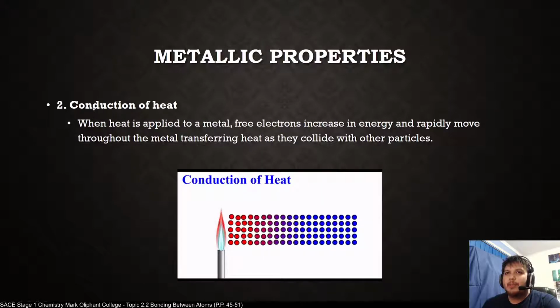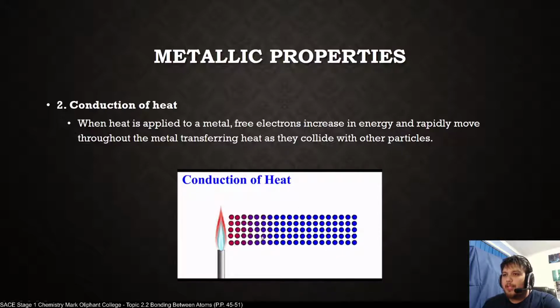Our next metallic property is the conduction of heat. This again is due to our free electrons. When heat is applied to the metal, our free electrons increase in energy, which makes them move a lot faster, and they rapidly move throughout the metal, transferring heat as they collide with other particles.